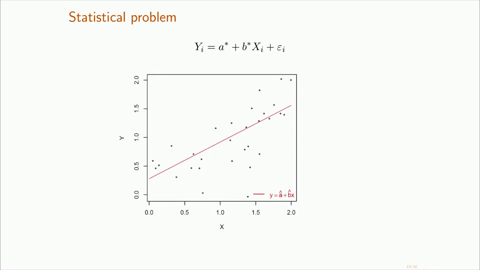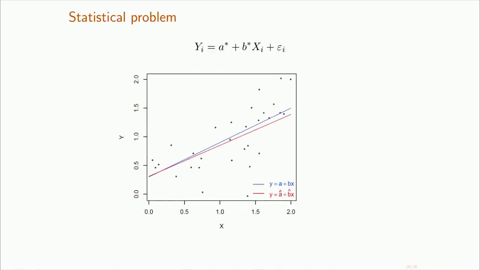And if any of you has seen any linear regression, this is what you're used to, not the blue one. The blue one is the probabilistic setup. This is the data analytic one that says, give me data, I'll just draw a line for you. Okay? And so you can see they're not exactly equal to each other, but they're fairly close, and we're going to try to address how close they are.